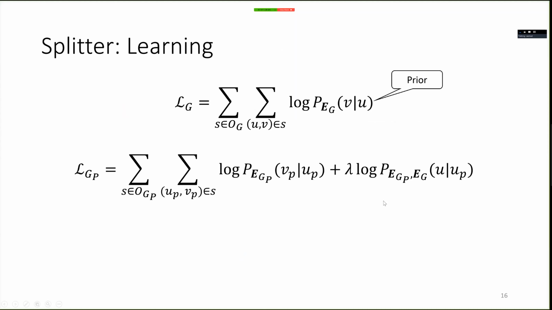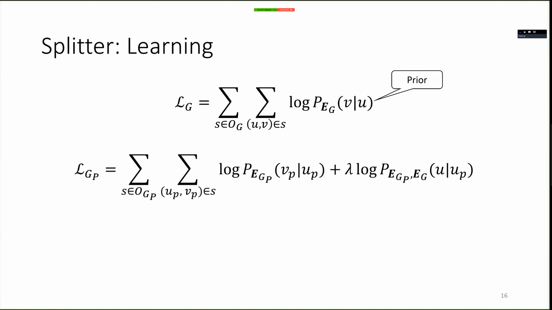I think first let's go through the term. Here you try to predict the original embedding of node U from the original graph, given the node that you have whose equivalent is in the persona graph.